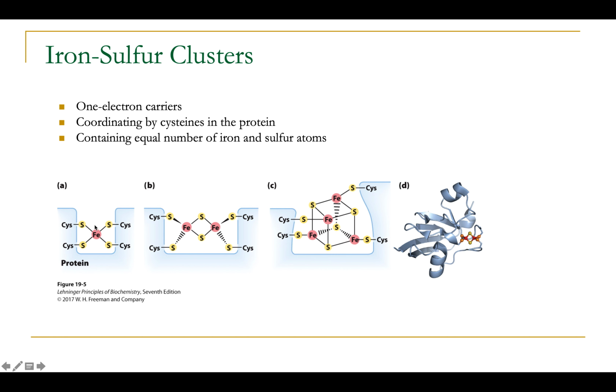Unlike the porphyrin rings in cytochromes, the iron atom in iron-sulfur clusters is embedded by binding to sulfur provided by cysteines within the respective carrying proteins, and the iron-sulfur clusters can come in different flavors, but contain an equal number of iron and sulfur atoms.